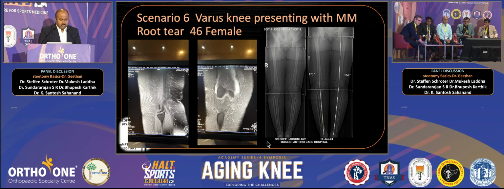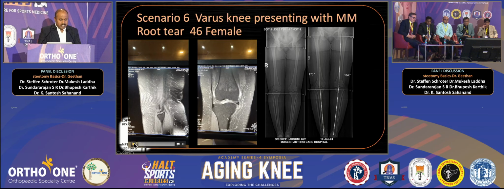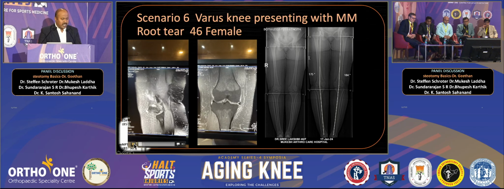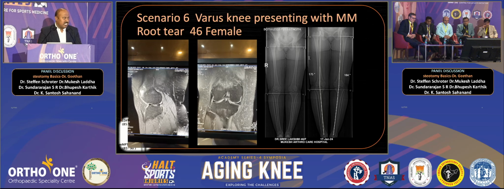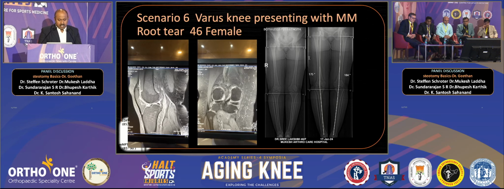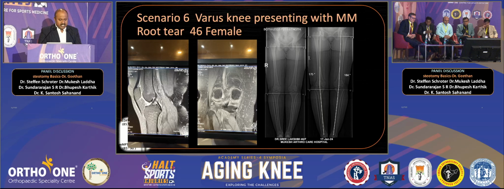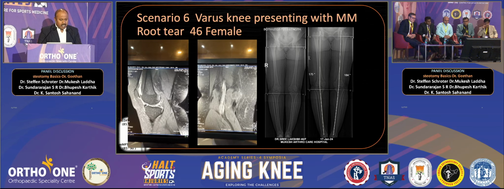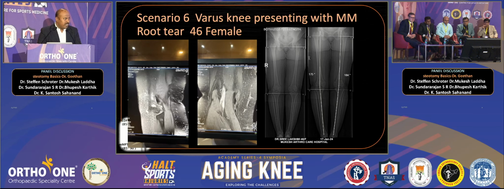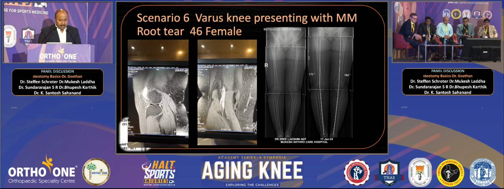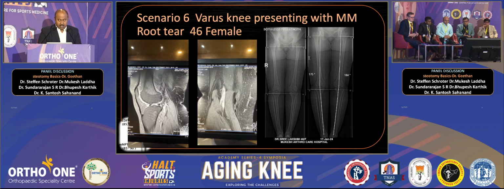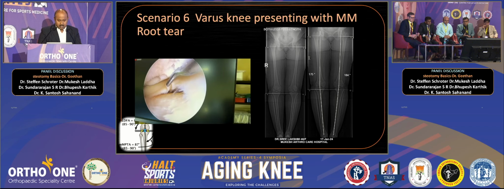Okay. So this is another 46-year-old lady, sir. I want to show the MRI also here. She again presented with a meniscal root tear and axis deviation of 6 degrees. MRI was reported mainly as only meniscal root tear. But intra-op we found this.